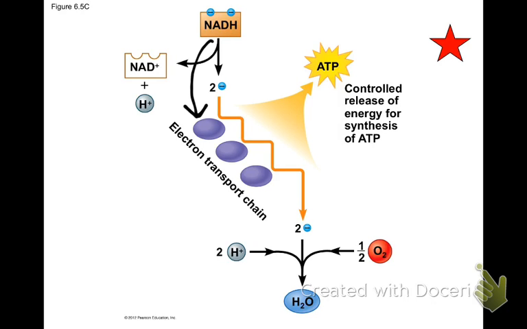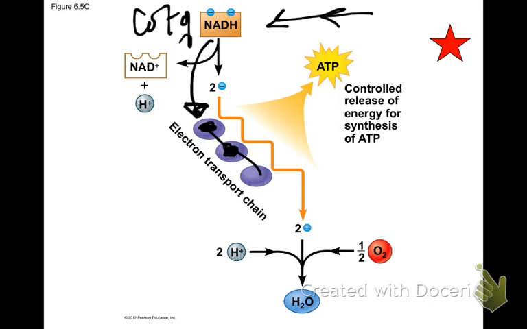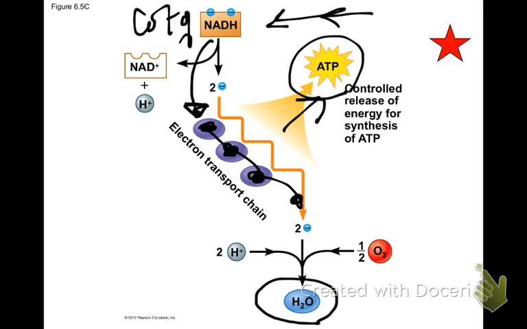A lot of NADH finally comes and transfers electrons to this carrier, which transfers it to the next, and the next, and so on. Whenever this transfer happens, there is also another thing that happens, which we will go into in a while. But this process leads to the formation of water and the formation of ATP.